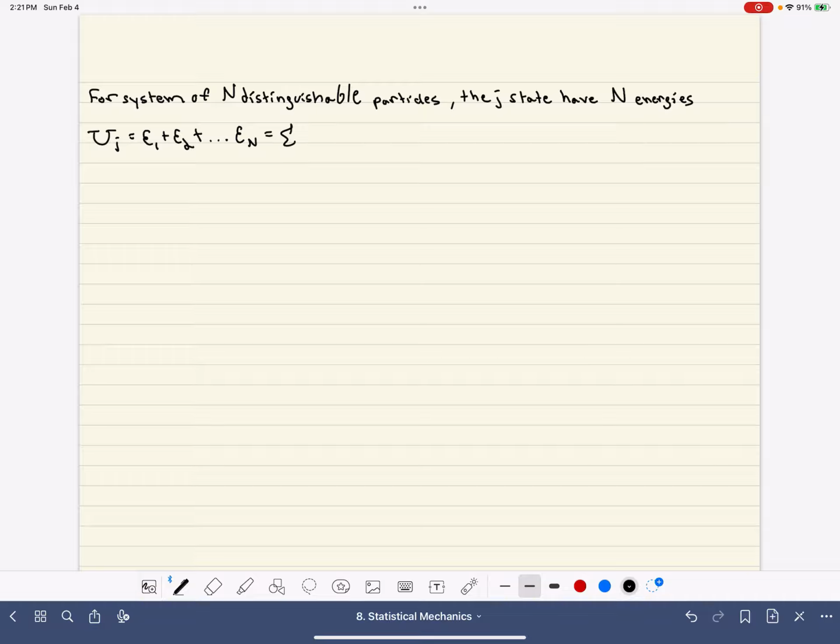And we could write this as a summation of epsilon sub L from L to n.